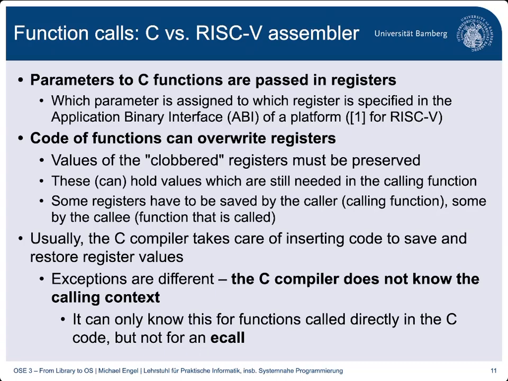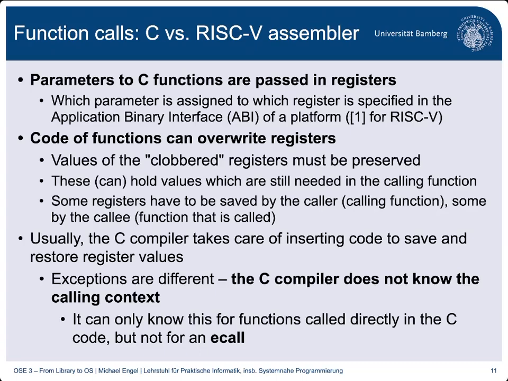Now, the problem is that each processor register is only available once. Our compiler generates code that keeps intermediate values in registers. And you can call a function from very many different places in your code. That in turn means the compiler doesn't know when it compiles a function which other functions call it.